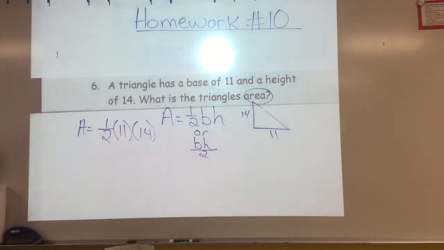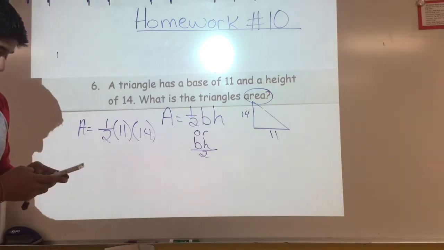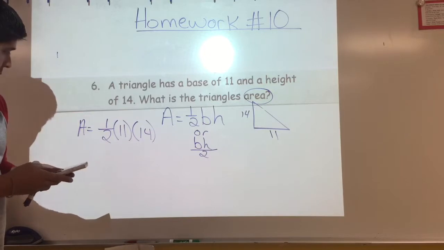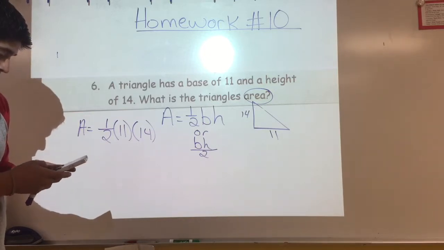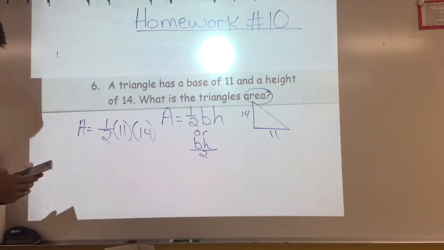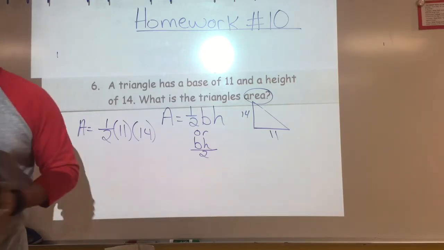So I'm going to go to my calculator. Go ahead and do that, and then you'll get your answer. I'm putting the parentheses, and then more parentheses, so I put it in exactly how it looks there. Hit enter, and you're going to get your answer.